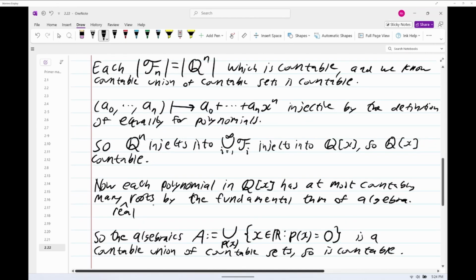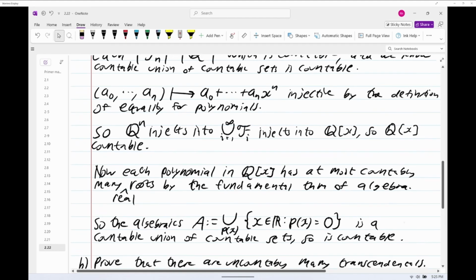So each polynomial in Q adjoin x has at most countably many real roots by the fundamental theorem of algebra. That means only countably many real numbers can satisfy any rational polynomial.